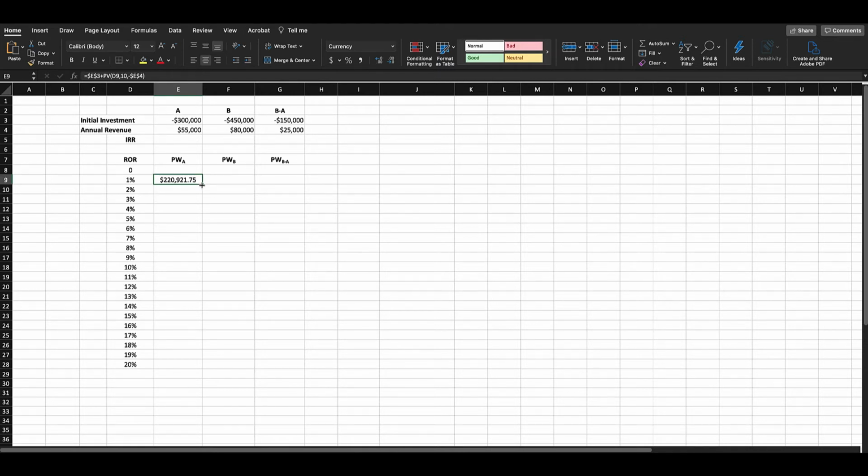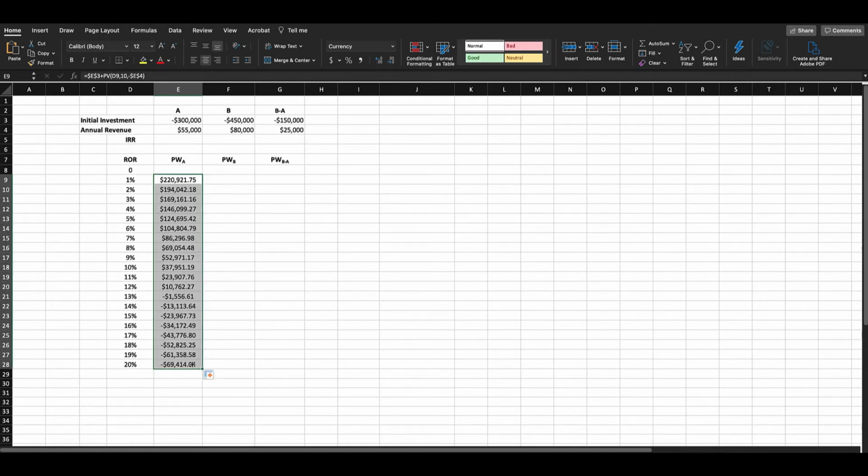So if I copy down the calculations for all these percentages, it's going to calculate the present value at all of those interest rates. And as you can see, between 12% and 13%, the sign of present value changes from positive to negative, meaning that the internal rate of return is between 12% and 13%.